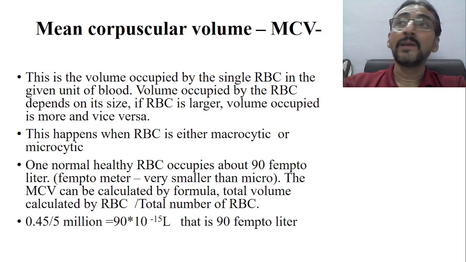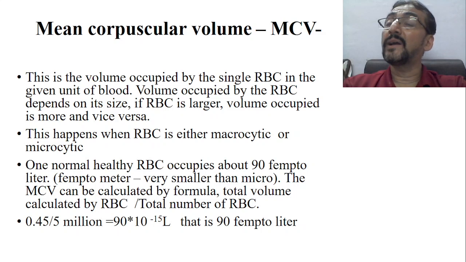Why? Because the size of the RBC may change either into microcytic or into macrocytic. Okay. If macrocytes are there, then MCV will increase. Mean corpuscular volume increases क्योंकि वो ज़्यादा volume लेता है. If it is microcytic, MCV will decrease.